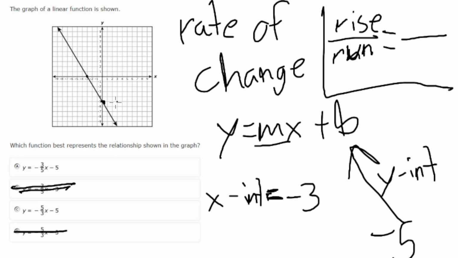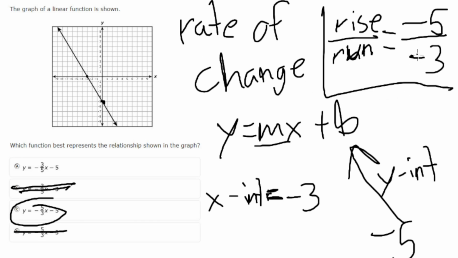So if the fall is that I went down -5 from 0, my starting point, my rise is simply going to be -5, while I go over by 3. So even if you don't necessarily know the rate, you can take a guess right here that your answer is simply going to be the one with -5 over 3.